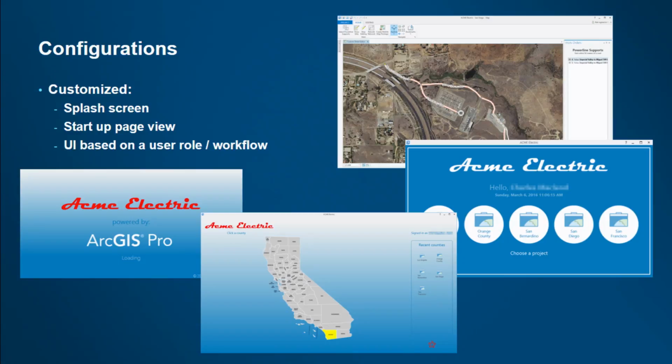And on the top, you can see a screenshot of the Pro interface with the configuration. It's very streamlined. So you have the opportunity to strip it down to just the tabs and the controls that are really focused on your workflow. So that really can make it a very nice, streamlined user experience.